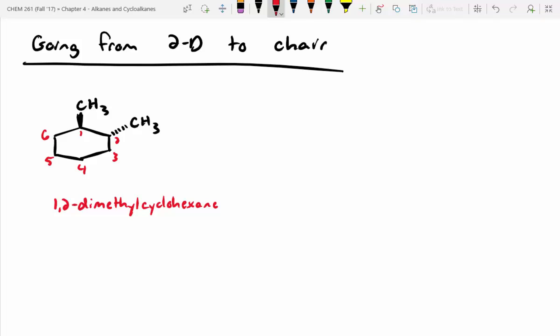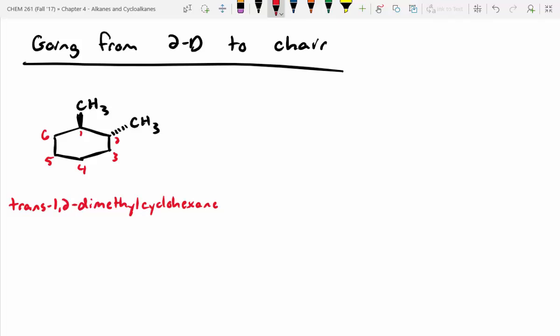Does anybody know what we call things that are opposite of one another in chemistry? Think about alkenes. Cis and trans, right? Would this be cis or trans if they're on opposite sides? Trans. So oftentimes to show that relative position, we say this would be trans-1,2-dimethylcyclohexane. And we'll talk more about that when we get into stereochemistry. Okay, so we've got that.